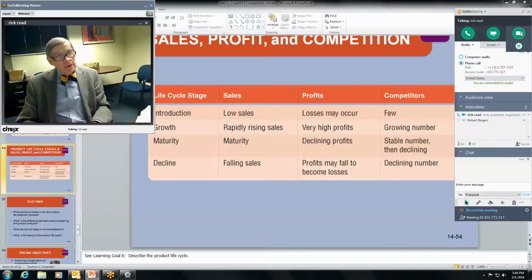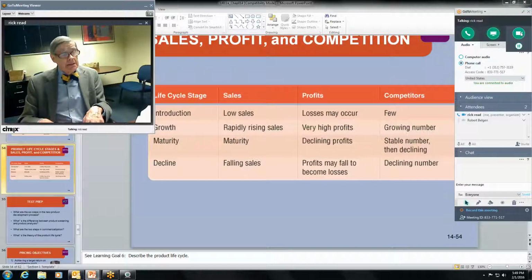Now, the one thing here I've always disagreed with is maturity, and it talks about declining profits. I would tell you that Procter & Gamble, while it may be having some difficulties today, would tell you that they're still making as much money off of Tide as they've ever made. Tide's been around for many years. It's still the number one seller.